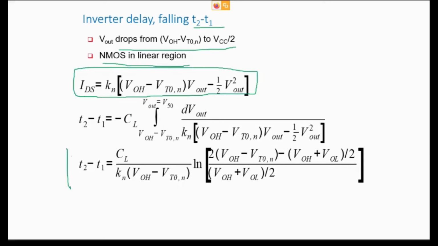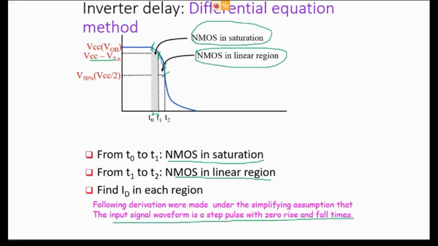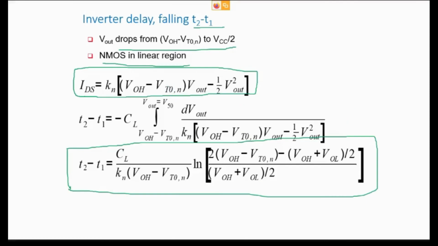So you end up with this T2 minus T1. Once again, I repeat this entire sequence: for the delay of falling from this moment to this moment, T2 minus T1, your NMOS is in linear region, we substitute this equation here and we do the necessary substitution.